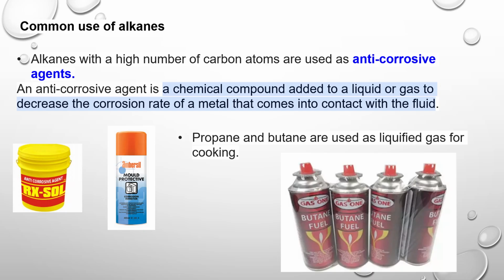During a steamboat, some of your parents or grandparents, instead of using the electric kind, will still be using this kind, whereby they have to change the canister whenever there's no more gas. Usually during Chinese New Year, if your family is eating steamboat, probably your grandmother or your parents will buy some to stand by. So that is the one that is used for cooking.